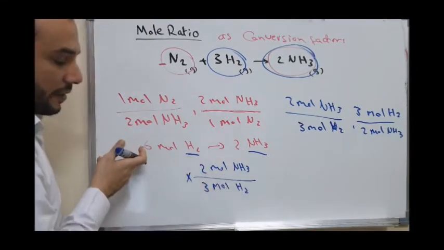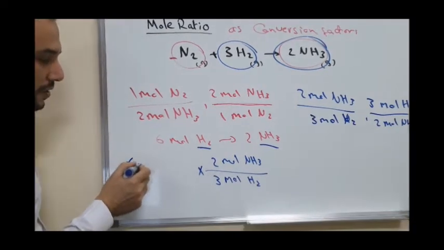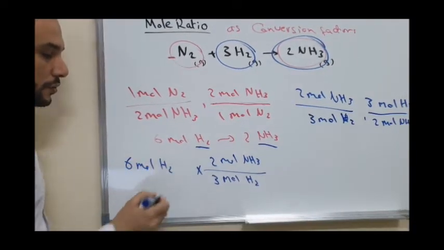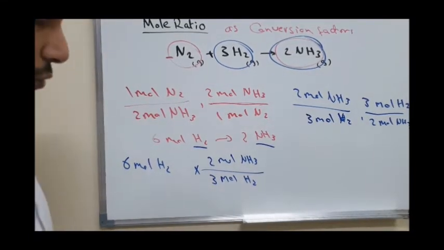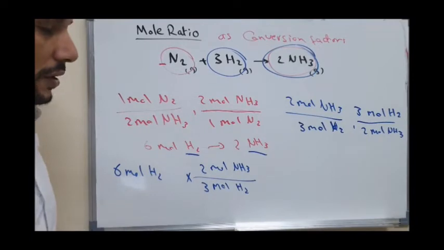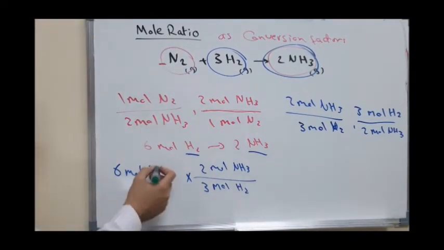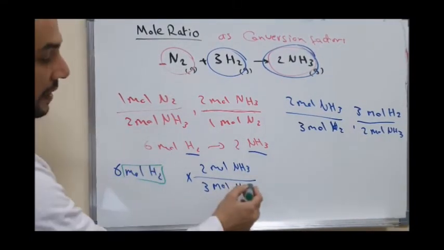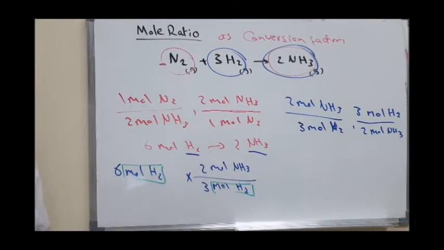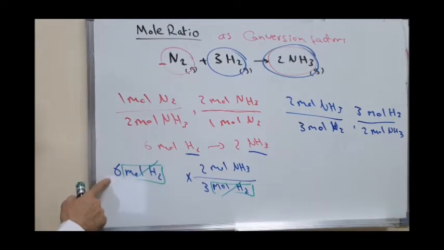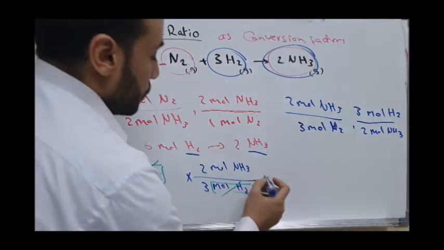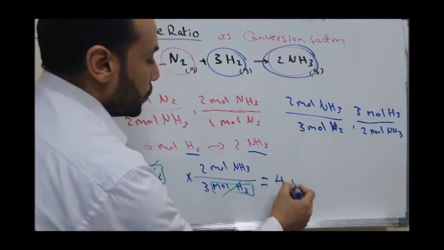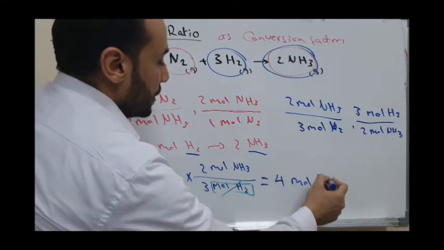Now we can multiply by the number we have in the question, 6 moles of hydrogen. We can make sure that we use the suitable conversion factor, with moles of hydrogen in the denominator. So 6 multiplied by 2 divided by 3 gives 4 moles of ammonia.